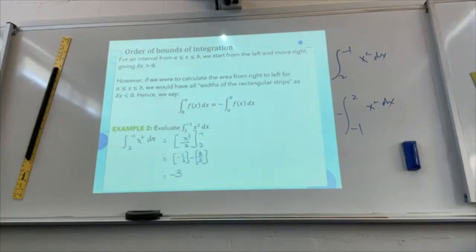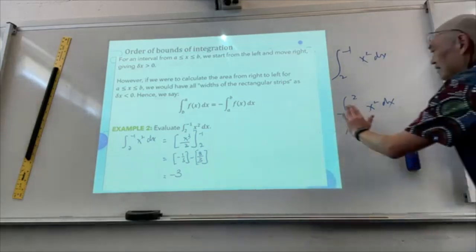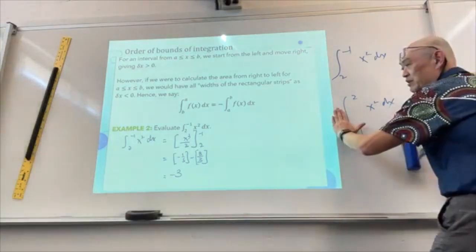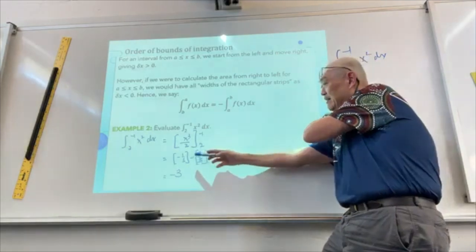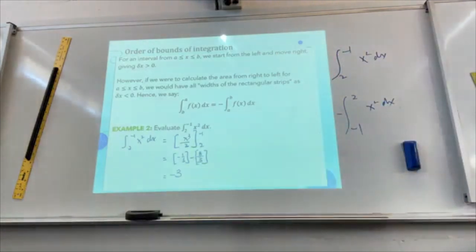Do you agree with my answer? I've got my answer here. Yes? Alright. What if I do from minus 1 to 2? If I do minus 1 to 2 without the negative sign, it's basically that. Take away minus 1 over 3, it's plus 3.